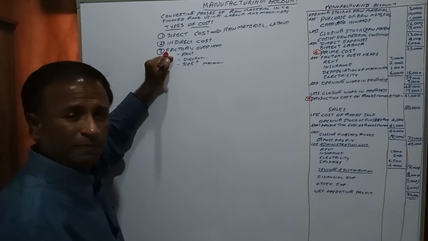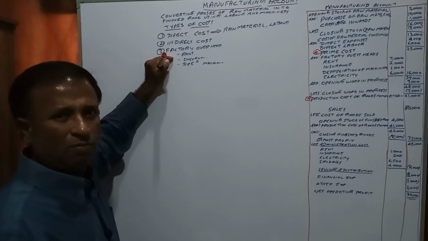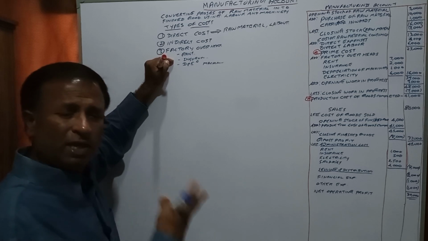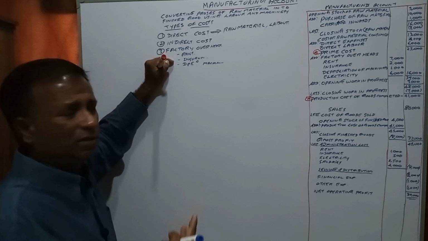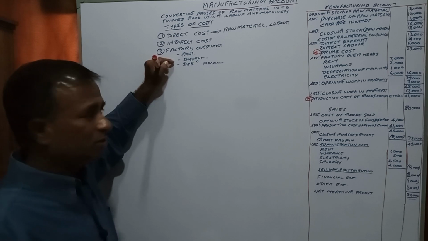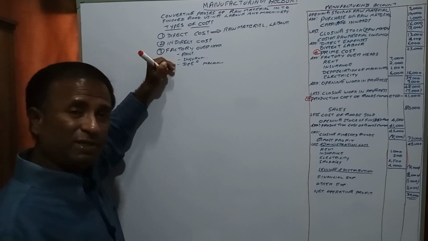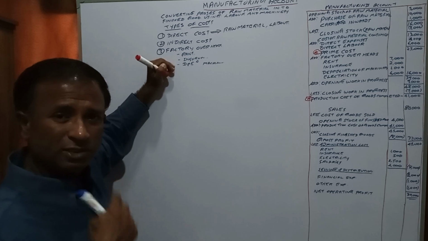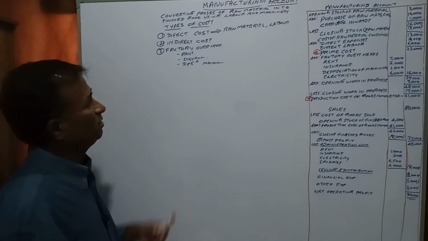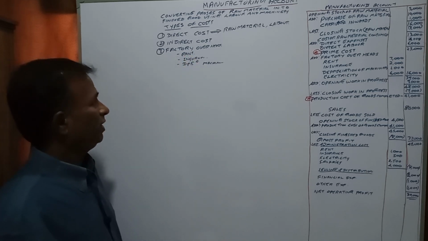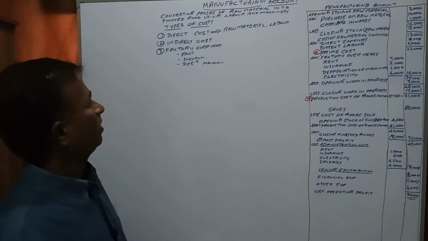Rent for the factory. Insurance: you have to insure the factory and machineries, building and machineries. Depreciation for the machineries used in the production is also coming under the factory overheads.